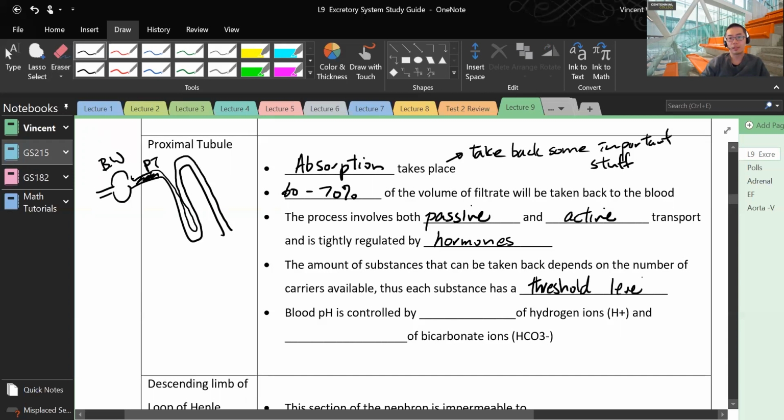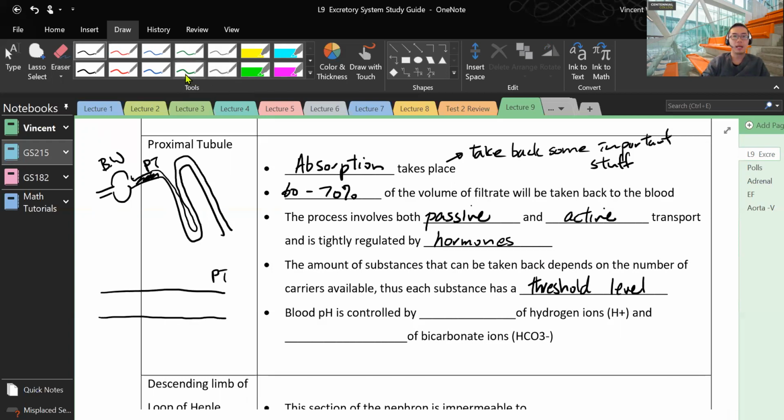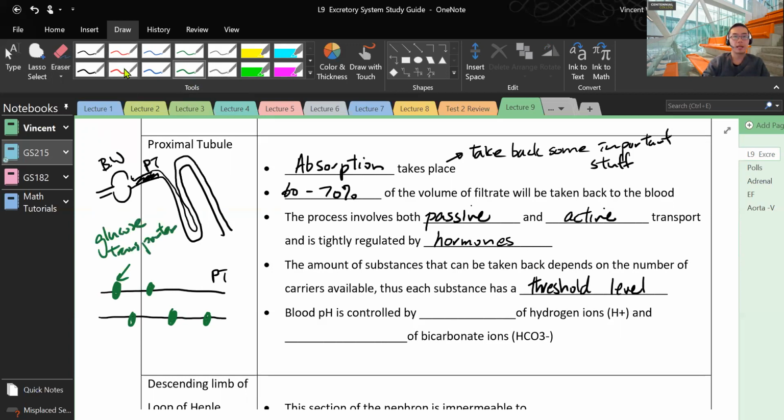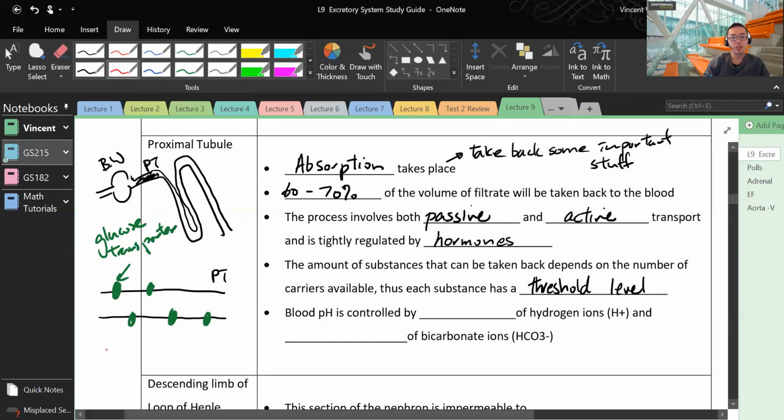Threshold level. Okay, so for example, this is the proximal tubule. And on it, we're going to have some transporter for glucose, let's say. Okay, glucose transporter. Okay. And next to the proximal tubule, we will have our peritubular capillaries, right? We talked about this earlier.